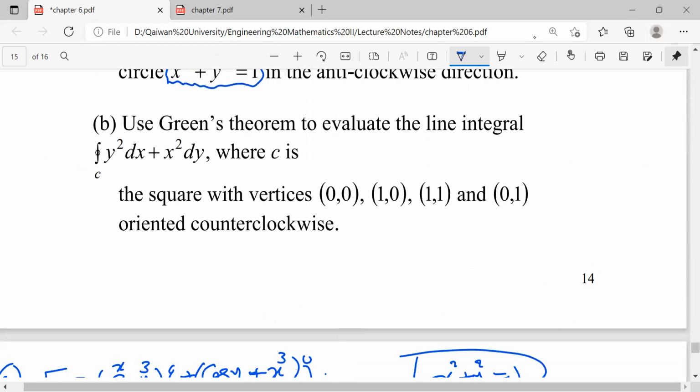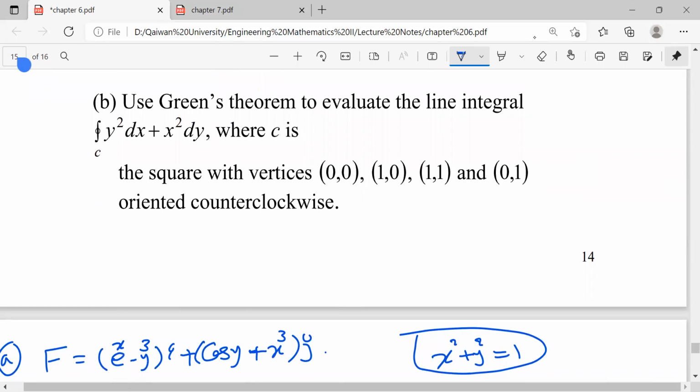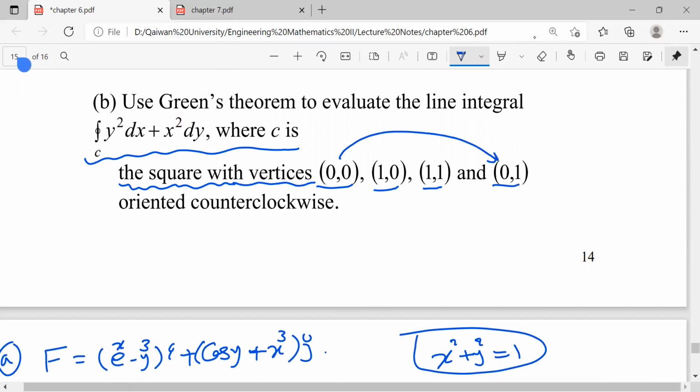And for the second example, it says use Green's theorem to evaluate this integral, where C is the square with vertices 0, 0, 1, 0, 1, 1, and 0, 1. It doesn't mean that we go from this point to that point. Okay, we find the integration over that square.